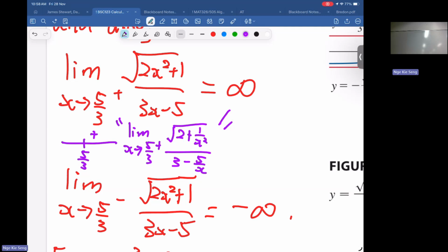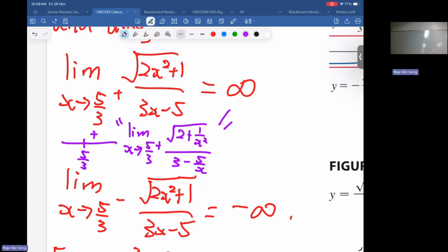Did I compute from the infinity side? I think I should sort these to infinity, right? Because if you are coming from the right-hand side of 5/3, this number here should be greater than 5/3.